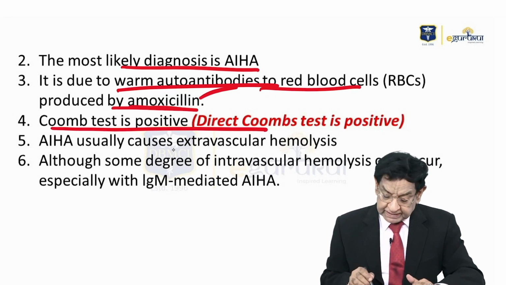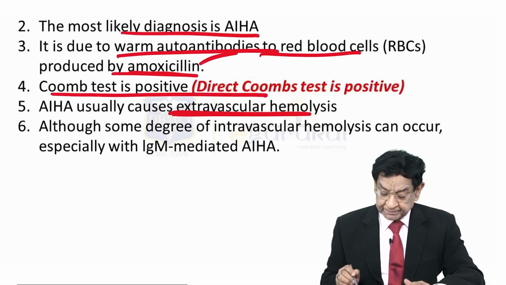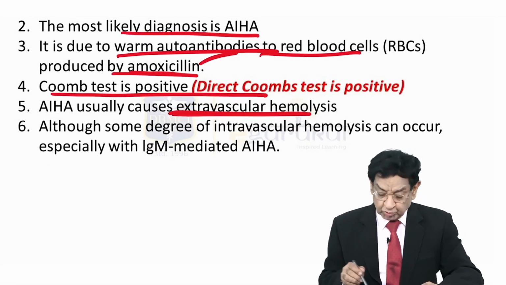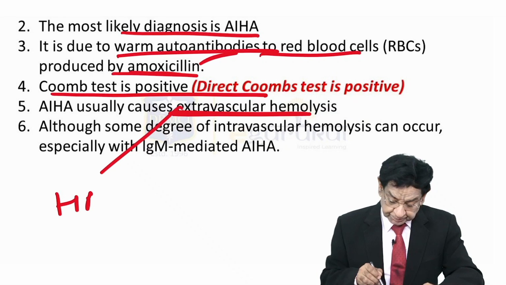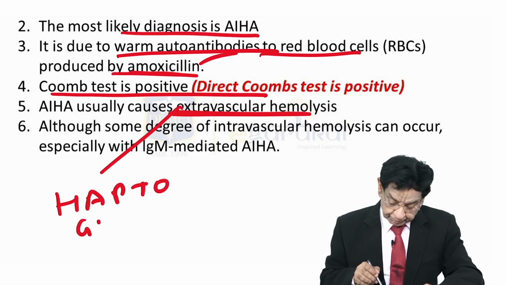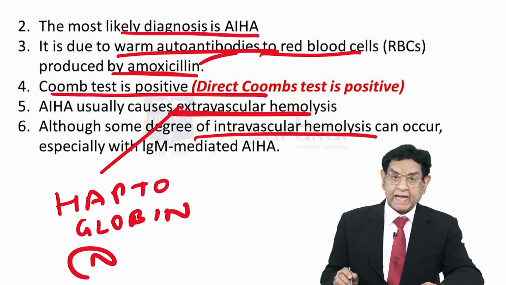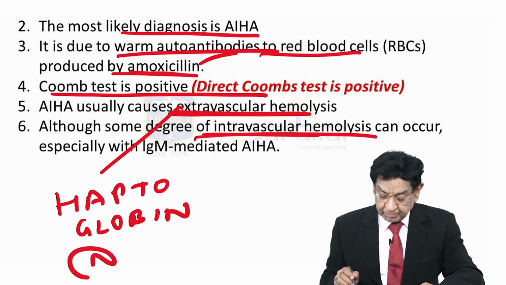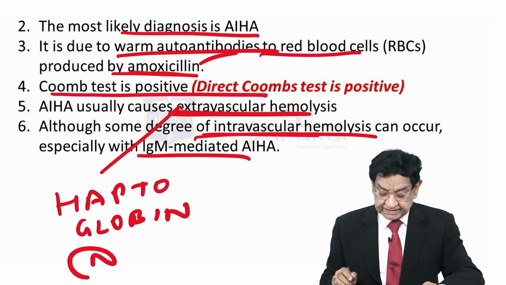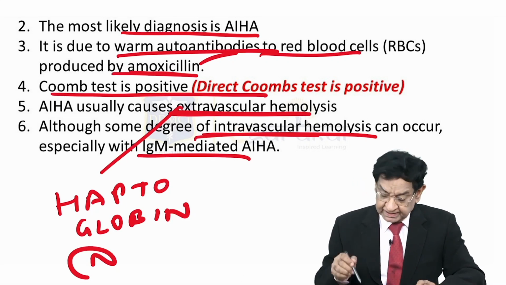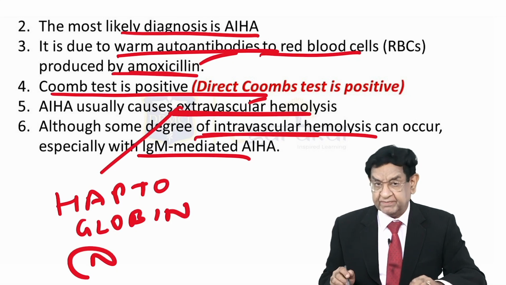This usually causes extravascular hemolytic anemia, so that's why the haptoglobin level is normal. But sometimes in the cold type there can be intravascular hemolytic anemia, which is IgM mediated. But by and large, it is mainly extravascular hemolytic anemia.